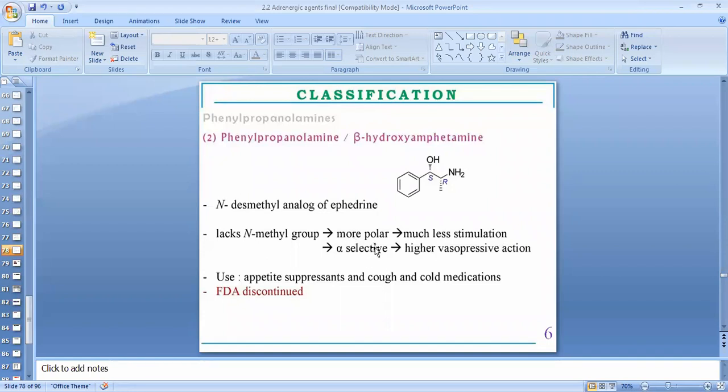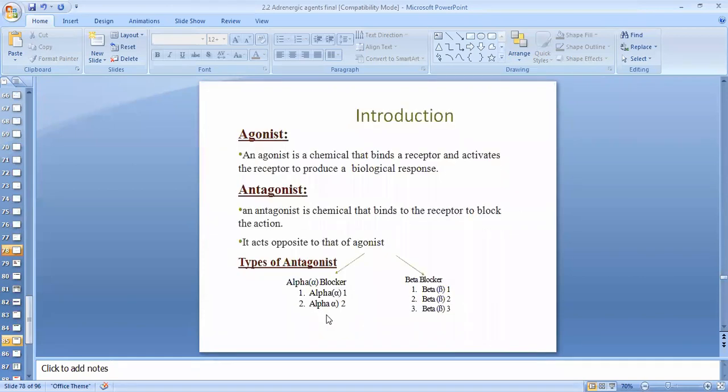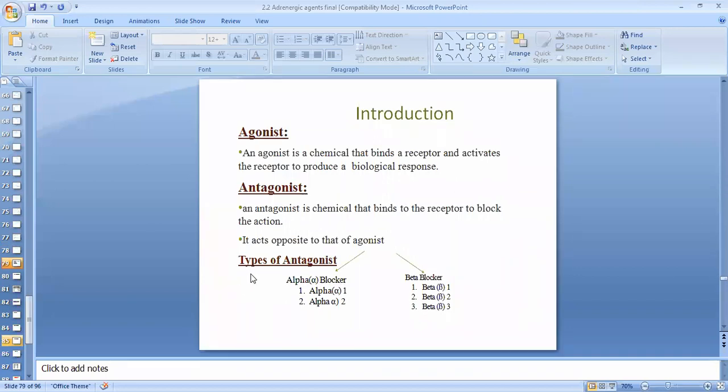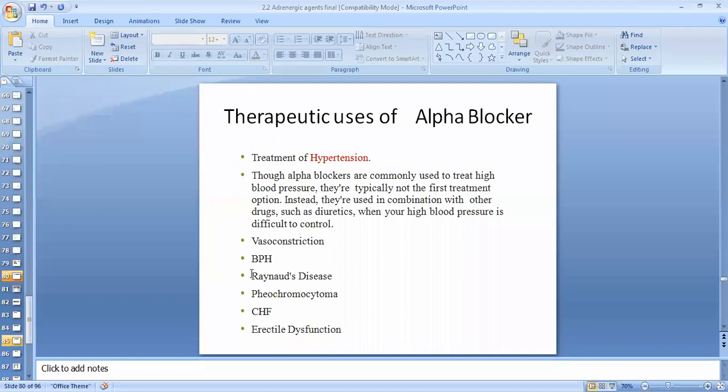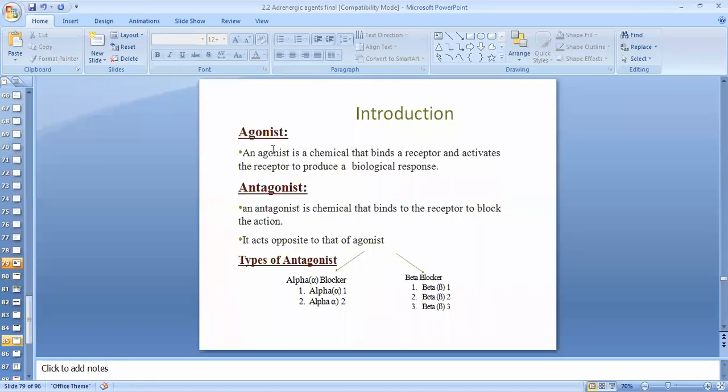It is alpha selective, with higher vasopressive action. It is used as an appetite suppressant and in cold medications. But this drug molecule is not used nowadays, as the FDA discontinued it.